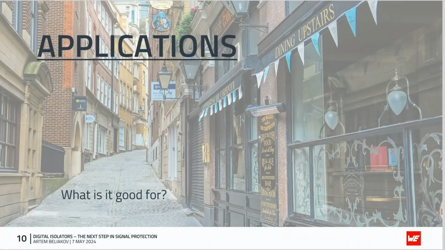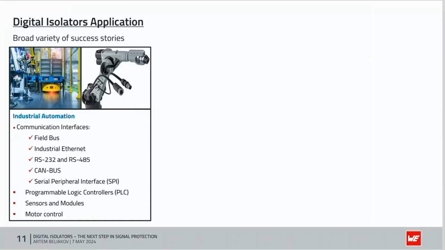In modern world, digital isolators are very popular and used in many applications. I will specify the three biggest directions on the market. First of all, digital isolators are used in industrial automation because so many interfaces are used here. For example, RS, CAN, and SPI.